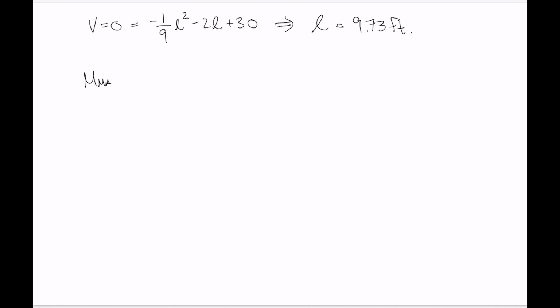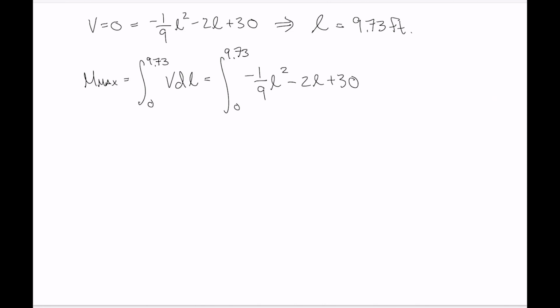M max is going to be the integral between 0 and 9.73 of V dL, the integral between 0 and 9.73 of minus 1/9 L squared minus 2L plus 30. And if we do that integration, we get a value of minus 163.1 kip-feet. Okay.